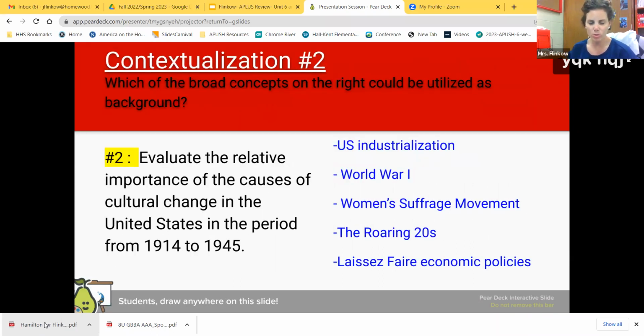All right, let's try this one. What could you use as background, as contextualization for the question, evaluate the relative importance of the causes of cultural changes in the United States from 1914 to 1945? Okay, so what would have led to some cultural changes?